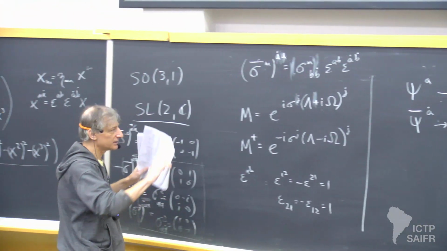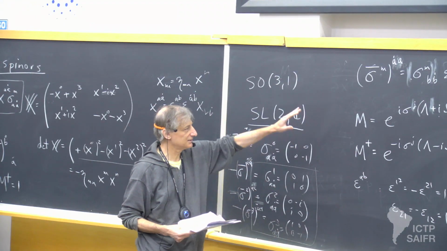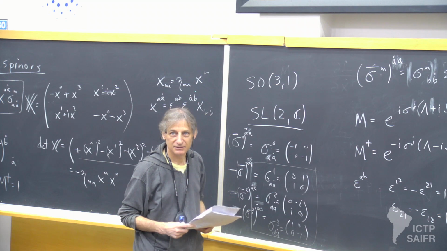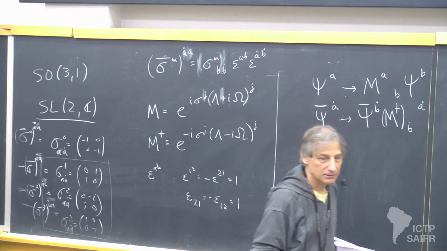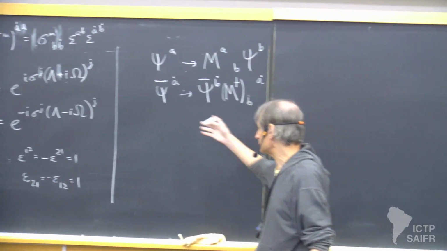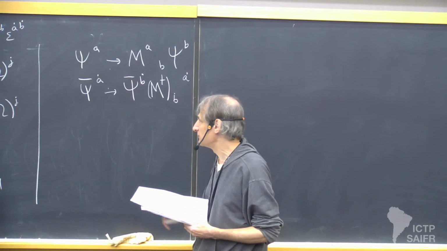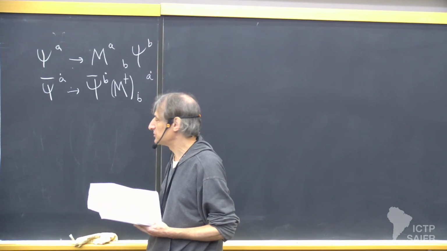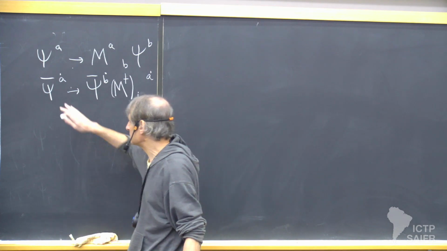So this is completely explicit, right? Matrices, parameters. If I tell you a rotation, I can tell you how psi and psi bar transform. Now you can try to construct Lorentz invariant objects or kinetic terms for the spinors or whatever you want to do. At the moment, these are anything.